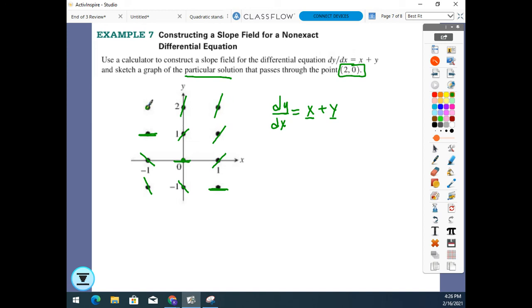Let's consider this point. (-1, 2) is +1, so more straight diagonal. Now, I don't have my graph big enough. We need to go over to (2, 0), which is a 2 slope, so a little steeper than our 1 slope.